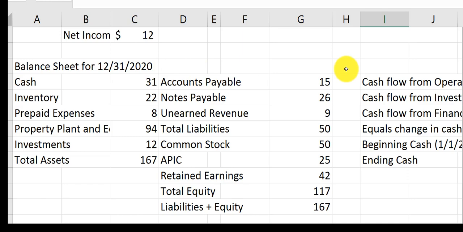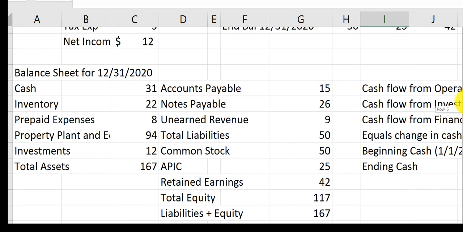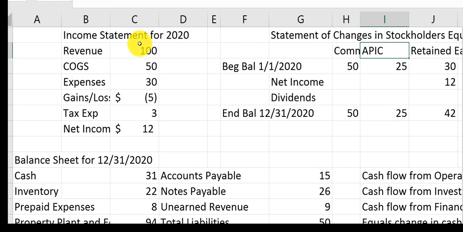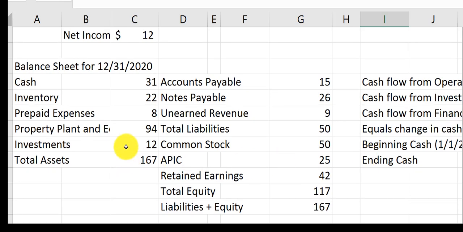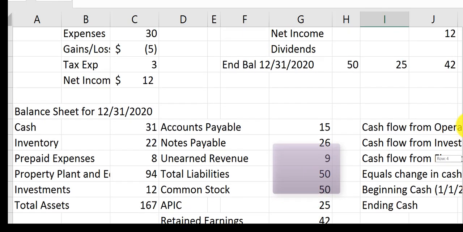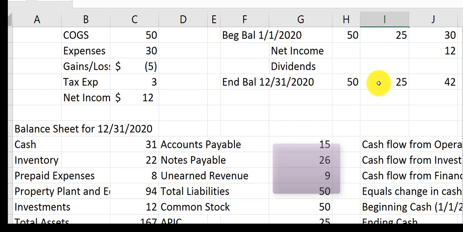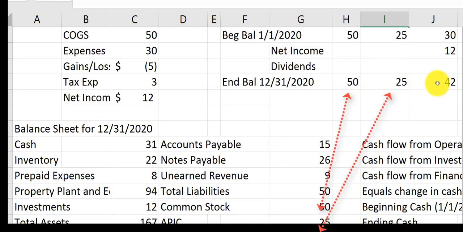Notice that day should correspond with the last day of our income statement and the ending balance of our stockholders' equity statement. All right, so where did these numbers, common stock, additional paid-in capital, retained earnings, come from? They came from the statement of stockholders' equity, or changes in stockholders' equity or retained earnings.